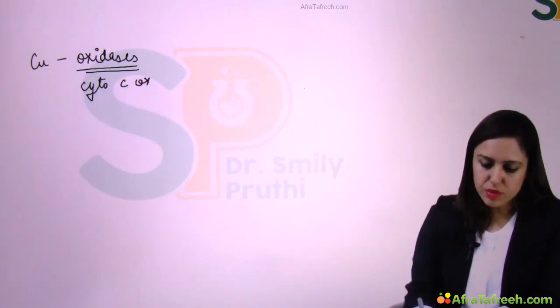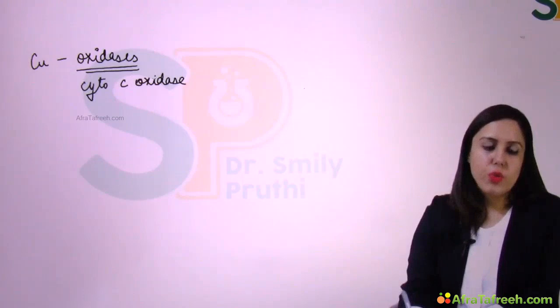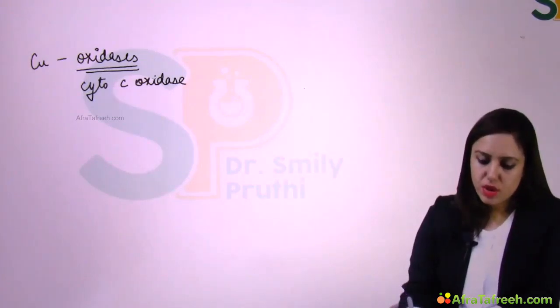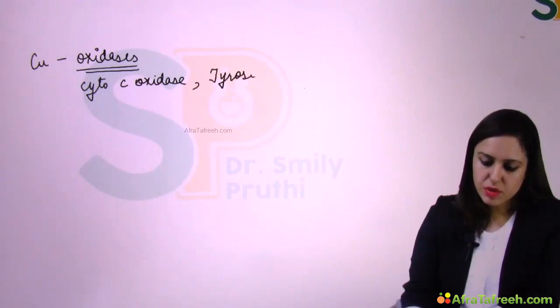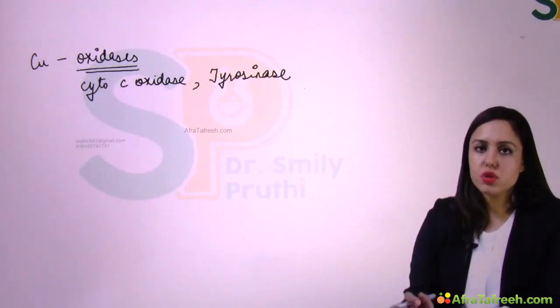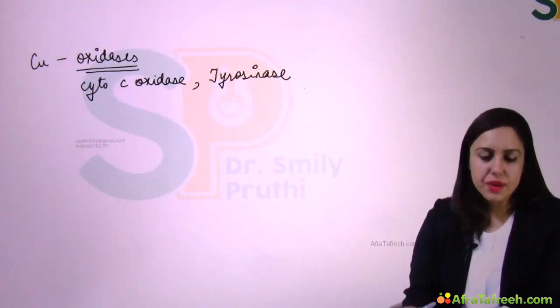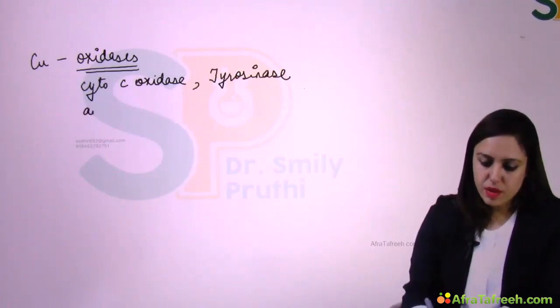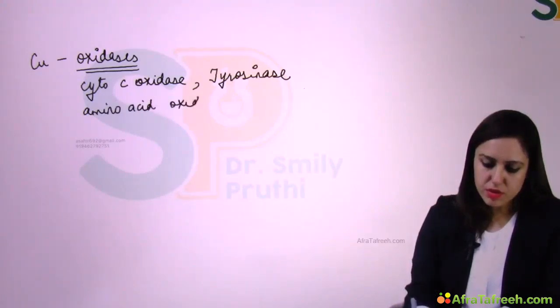Cytochrome C oxidase. Copper is required for all oxidases. One example is cytochrome C oxidase. Tyrosinase is an oxidase which converts tyrosine to melanin. Then amino acid oxidase.